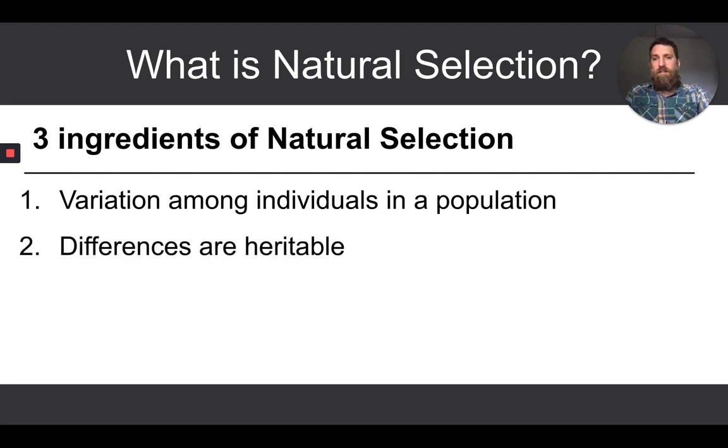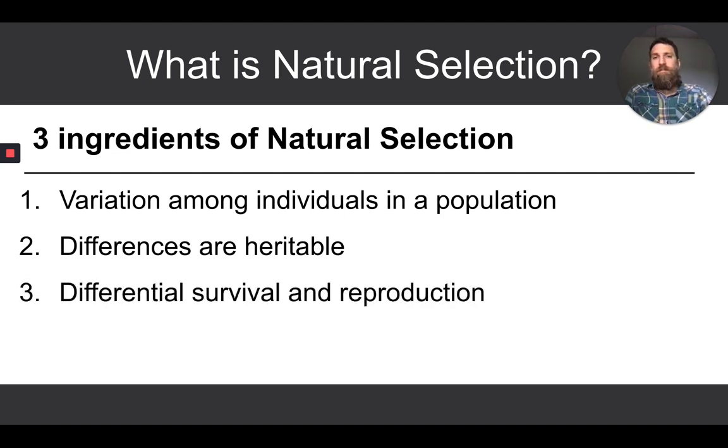Second, the differences in this population are heritable. And 3, there's differential survival and reproduction, i.e., not everyone gets to survive, not everyone gets to reproduce. So if you put these 3 ingredients together, shake them up, natural selection follows naturally.